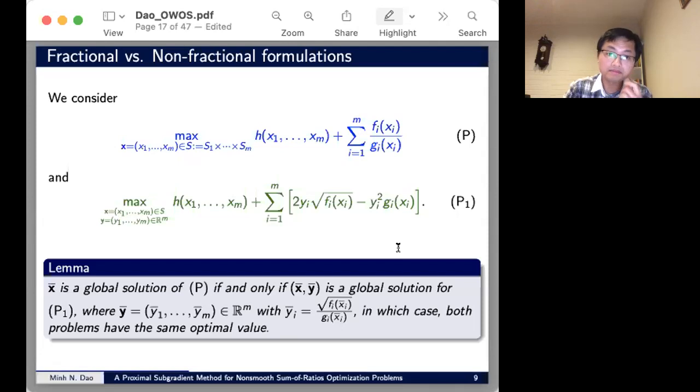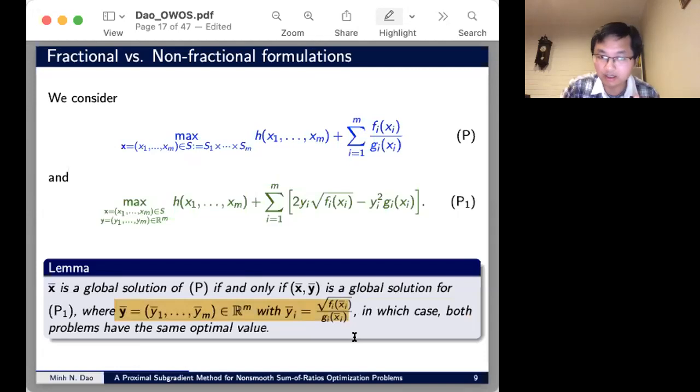If X bar is a global solution of problem P, then X bar, Y bar is a global solution for P1, where Y bar is defined by this formula.